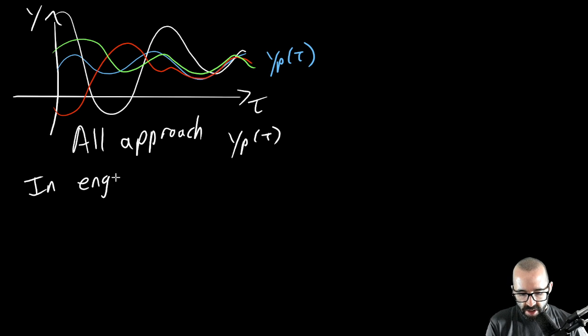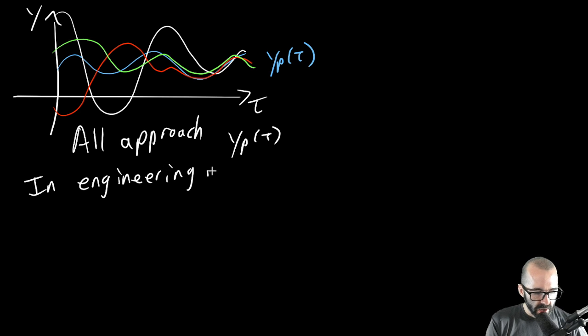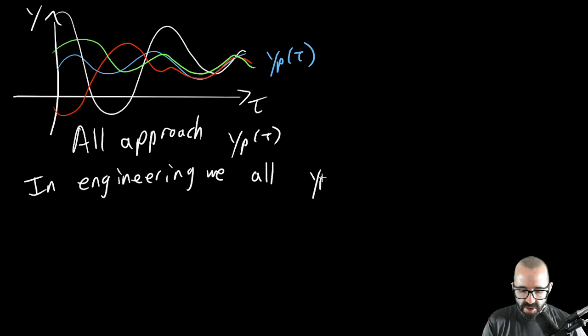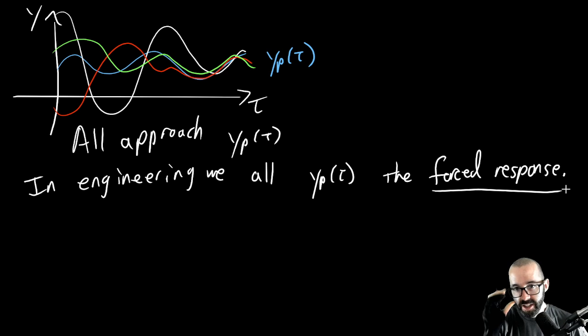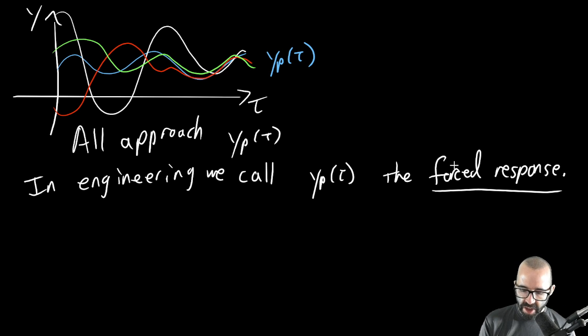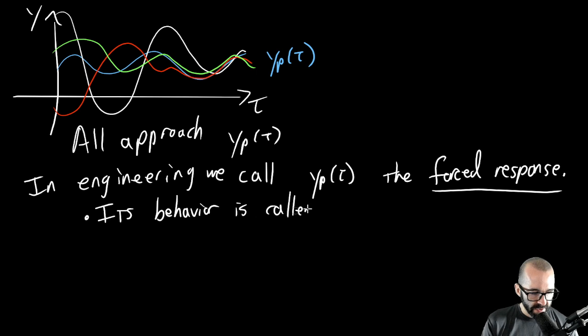In engineering, we call the particular solution, that y p, the forced response. I say we, I'm not an electrical engineer, just passing on the good word of information. How the forced response behaves is called the steady state response.